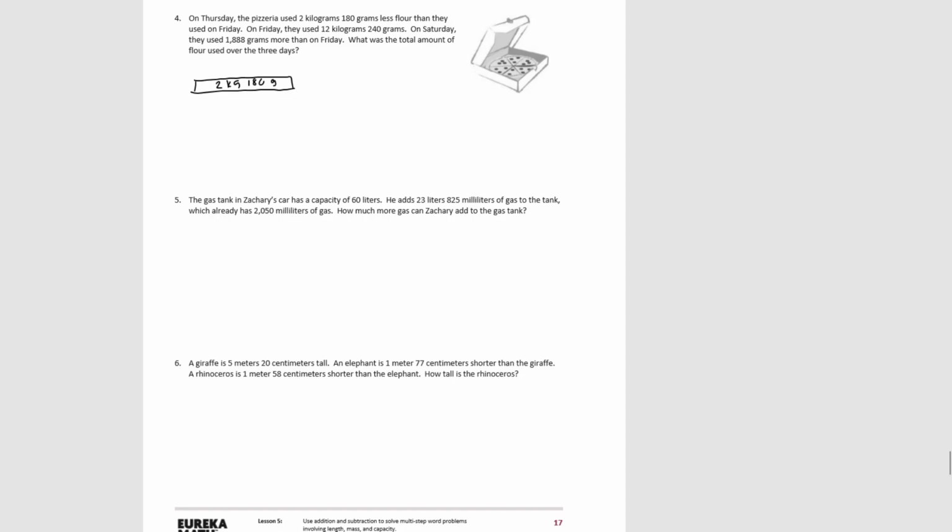So if on Friday they used 12 kilograms and 420 grams, and they used 2 kilograms, 180 grams on Thursday, we can figure out how much they used on Thursday by subtraction.